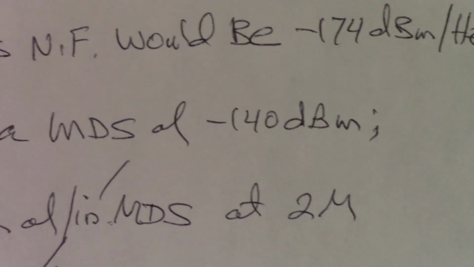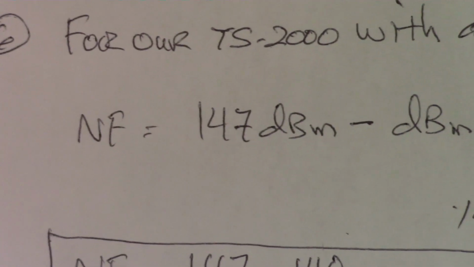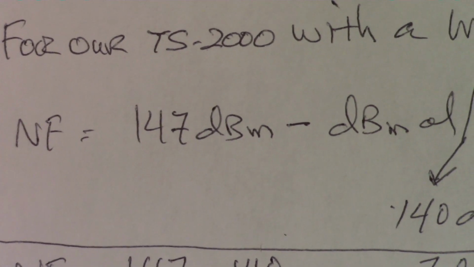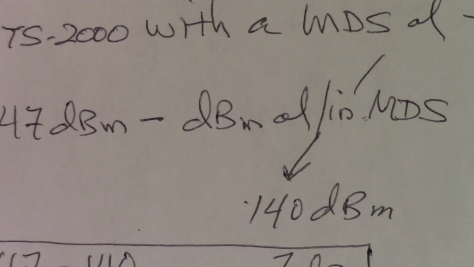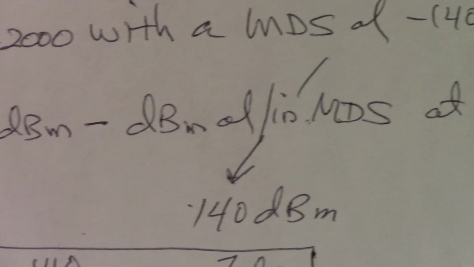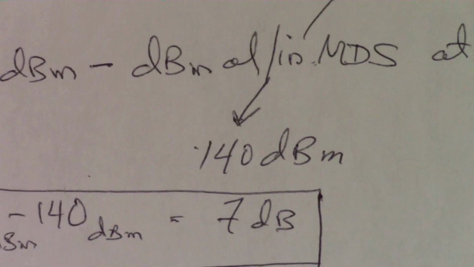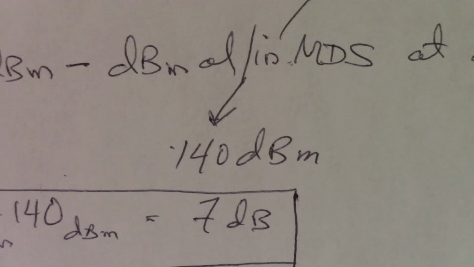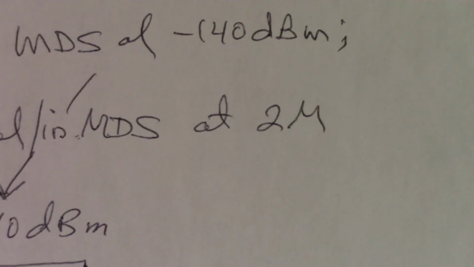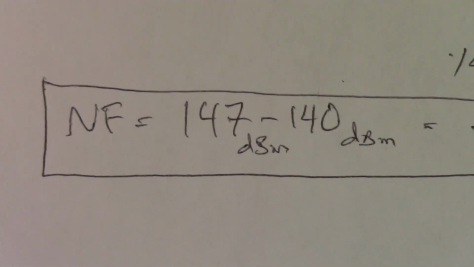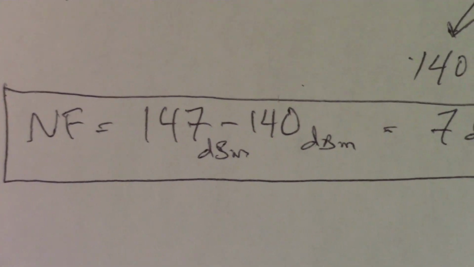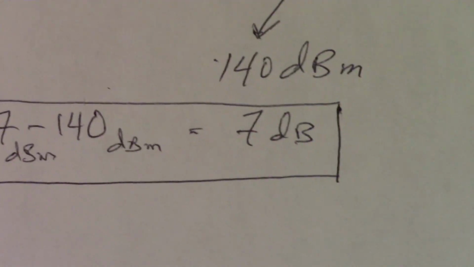For the TS2000 with an MDS of -140 dBm, what we can say is this: the noise figure is going to be 147 dBm minus the dBm value that we got for the MDS, which in this case is 140 dBm, and that's at 2 meters, of course, which comes out to 147 dBm minus 140 dBm, or 7 dB.